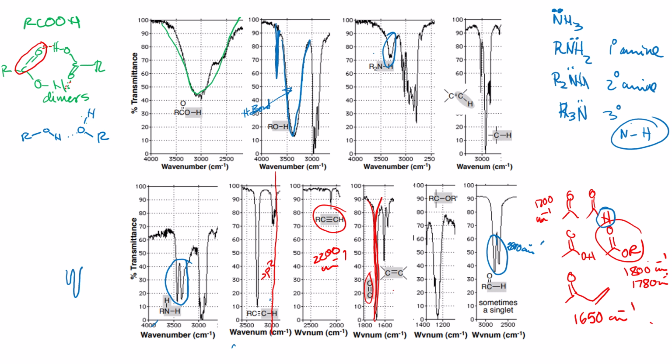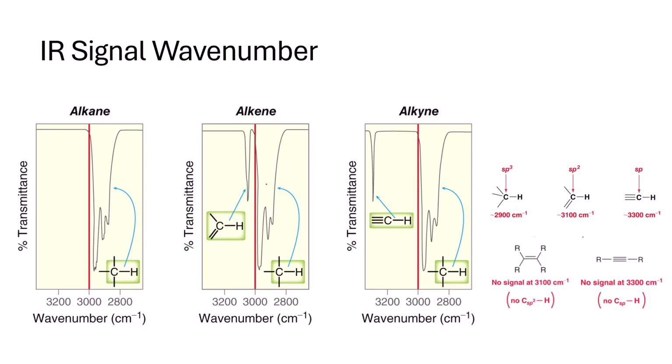Also above the 3000 line is the alkene. This is the alkene, so a hydrogen attached to a carbon that is sp2 hybridized. And right under the 3000 line is the alkane, so hydrogens attached to carbons that are sp3 hybridized. So here we have important shapes that we're going to be analyzing to determine functional groups.